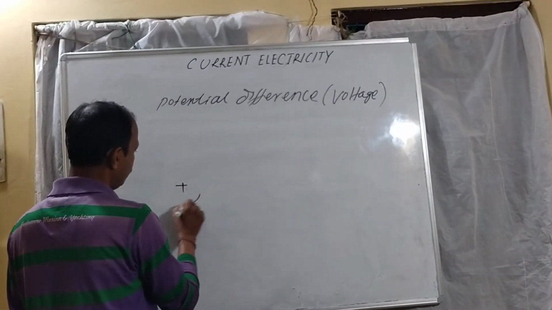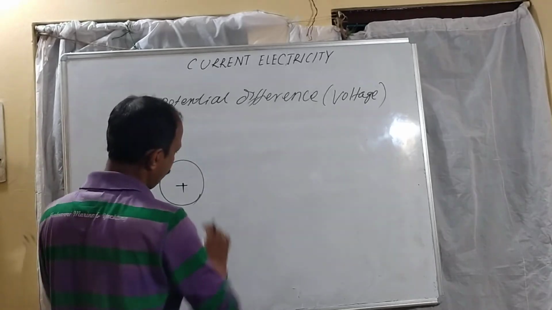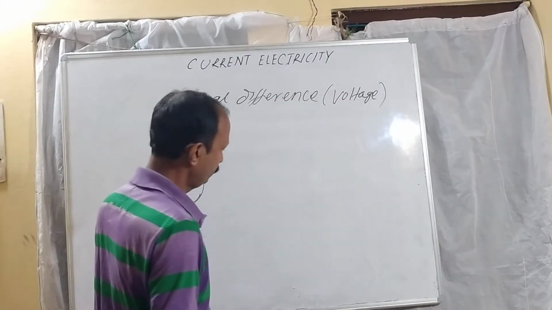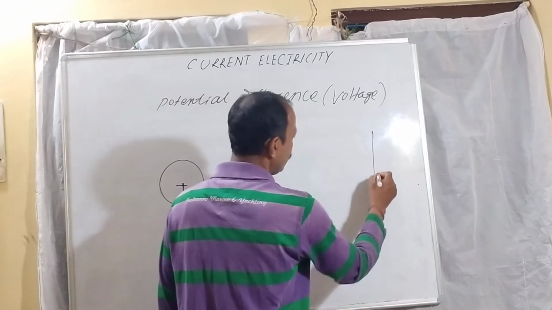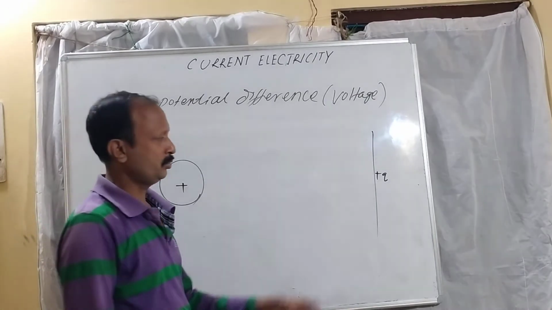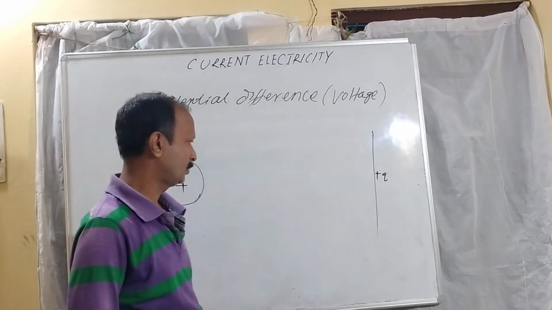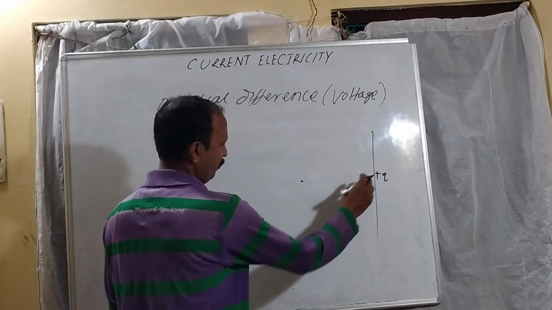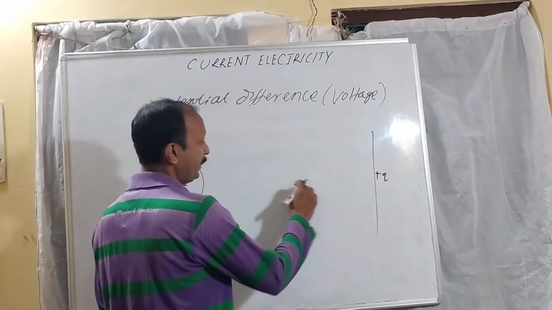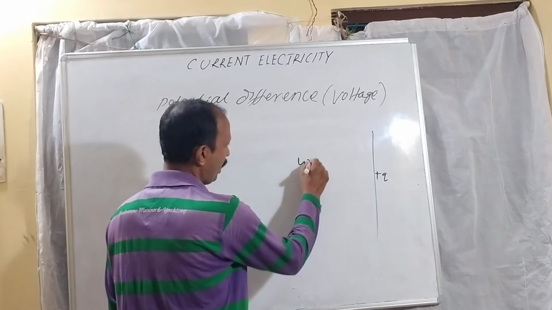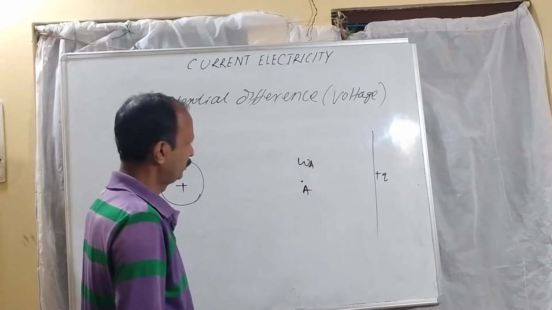So I said that this is a big positive charge, surrounding that electric field is there. Here is a test charge. All the time test charge we consider as a positive charge. I brought it here very slowly. I did some work. Suppose this point is A, the work done is WA.